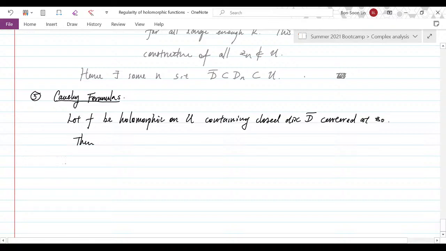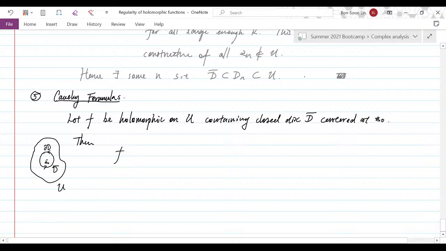Okay, so first, draw a picture. We should always draw a picture. Some open set U contains a closed disk D bar, center Z0. What we're going to do is integrate along this boundary, and that will somehow tell us the value of F at Z0. And so here it is.